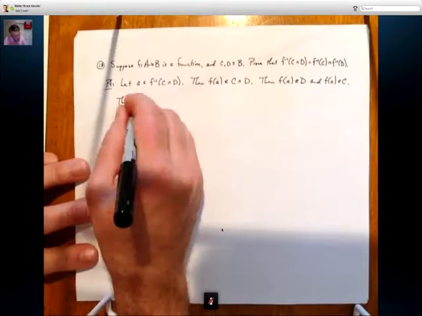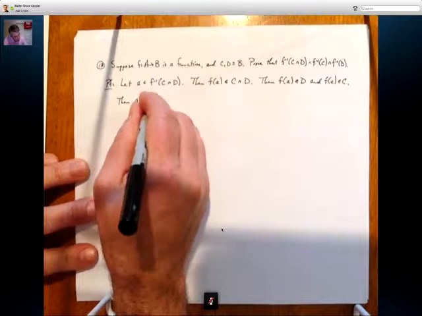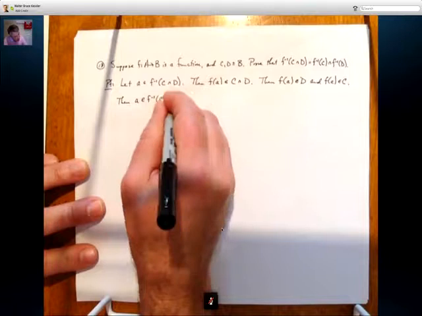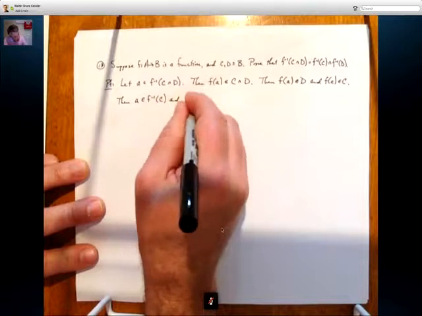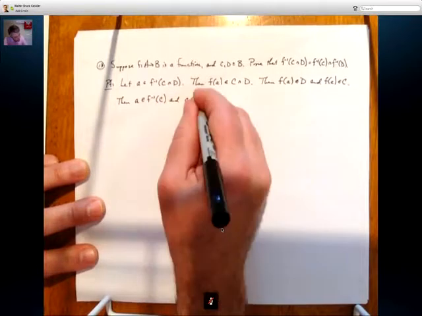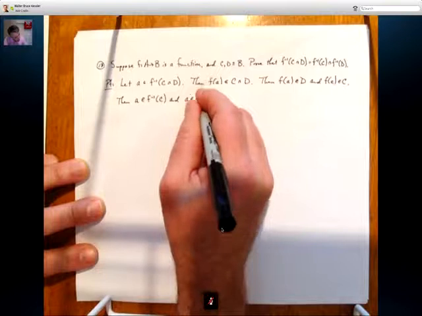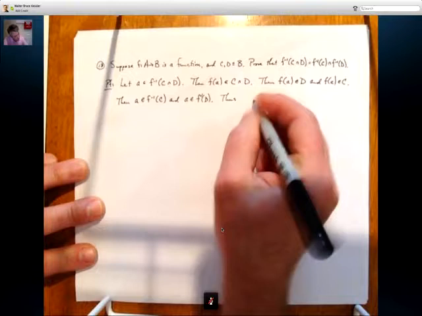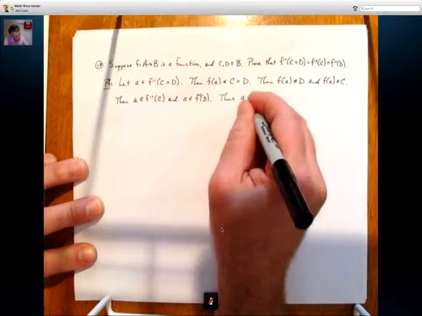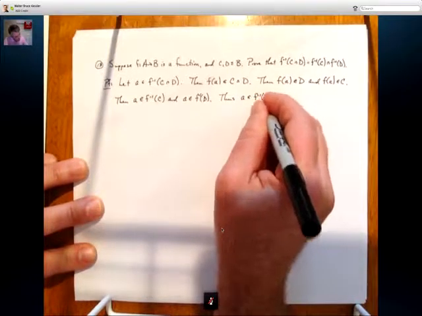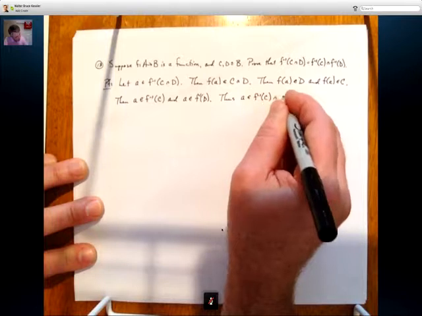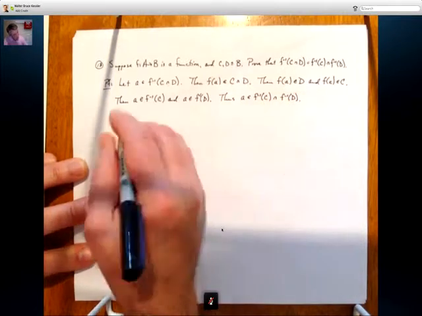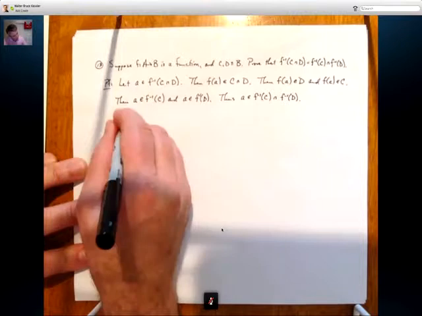Then that means that A is in the inverse image of C. I'll do it right this time. C. And A is in the inverse image of D. Thus, A is in both f inverse of C and f inverse of D, puts it in the intersection.